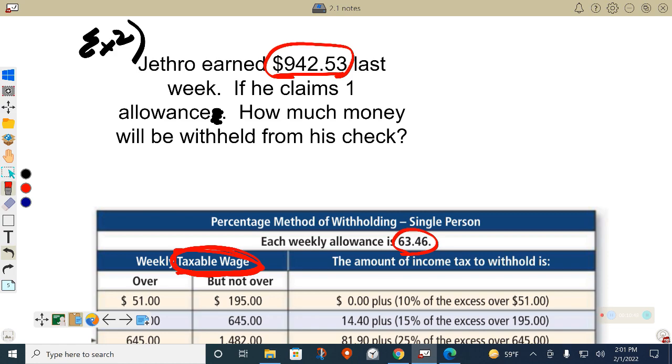All right, he's claiming one allowance, so we have to find his taxable wage. 942.53 is what he made, so let's subtract one allowance, that's 63.46.